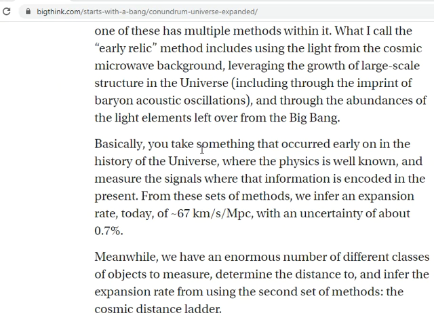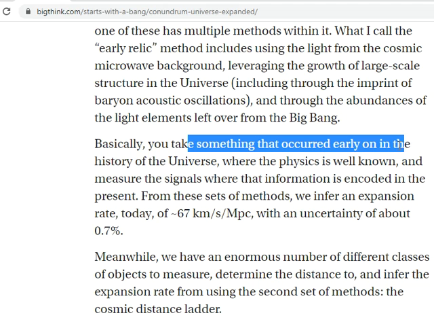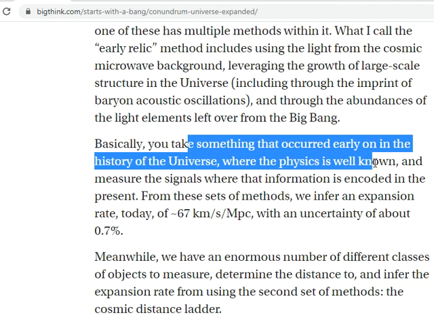But then he says, you take something that occurred early on in the history of the universe where the physics is well known, and you measure the light signals from where that information is encoded to the present. Now, the only thing that he actually lists in this description is the cosmic microwave background radiation.